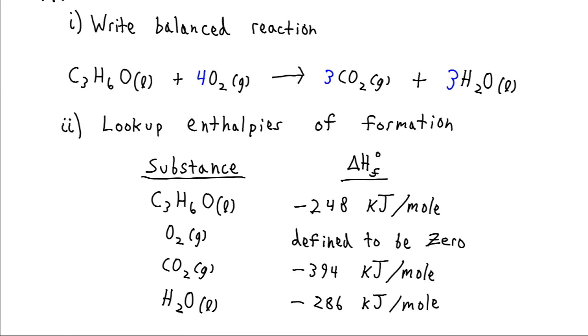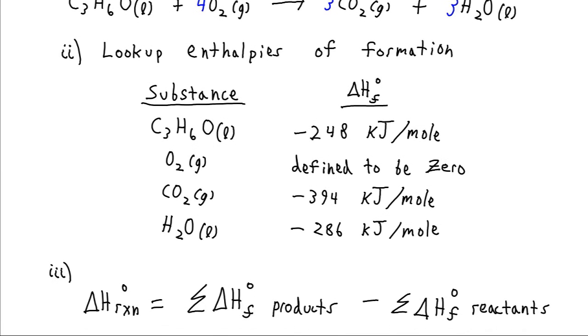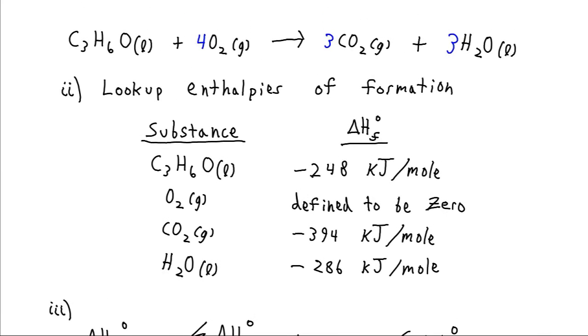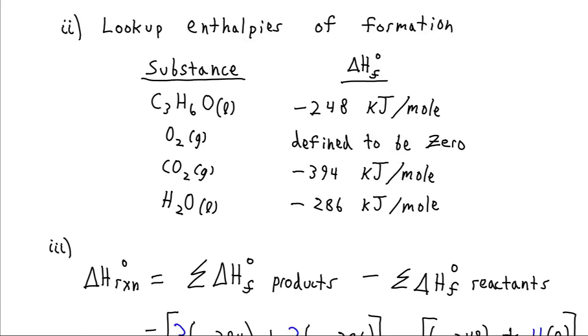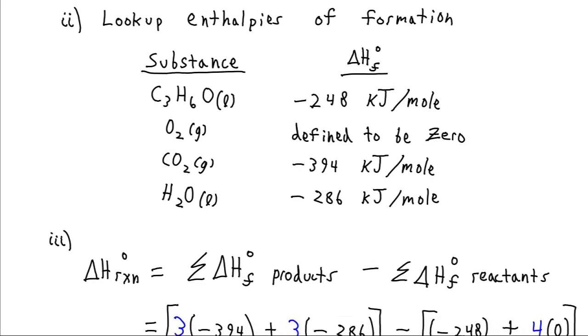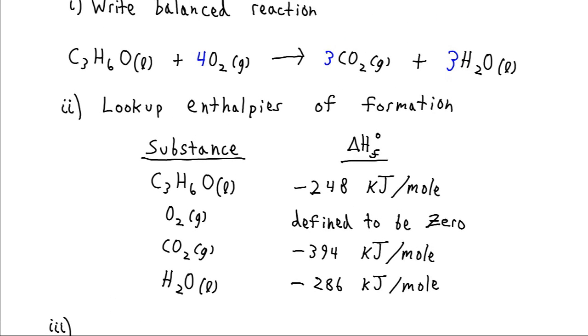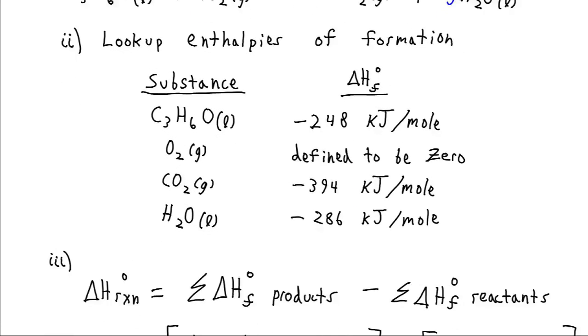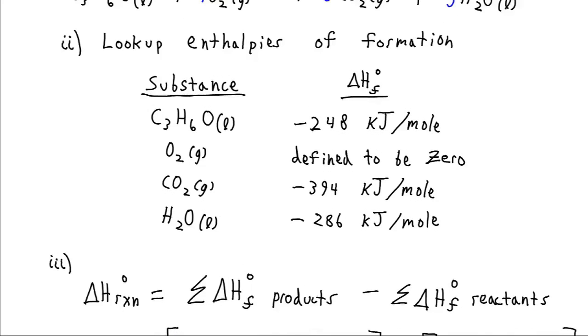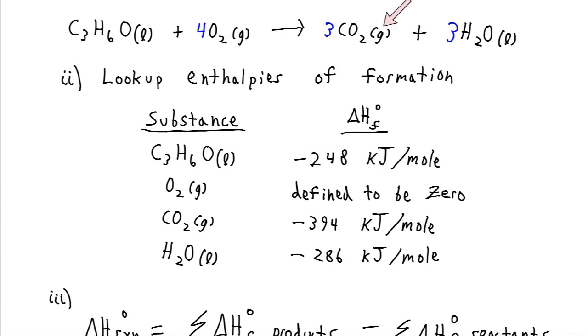And now we're going to plug them in to our Hess's law equation. Now the stoichiometry is important. That's why we had to write the balanced reaction. So if I have 3 of my CO2s, then I'm going to multiply that by 3 when I'm adding up the enthalpies of formation of the products, since there are 3 of them. Same thing for my H2Os.